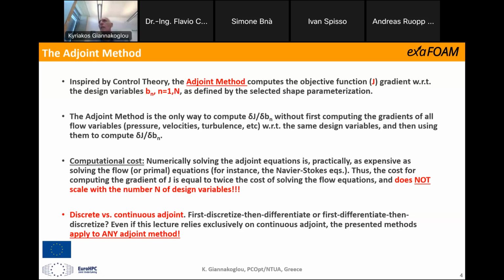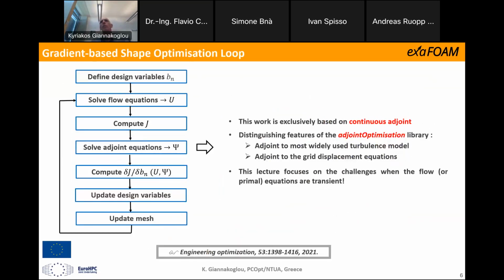The second one is the other way around. Here, even if this lecture is exclusively based on continuous adjoint, the presented methods can equally apply to discrete adjoint. So any kind of optimization method can profit from the techniques I'm going to present to you.